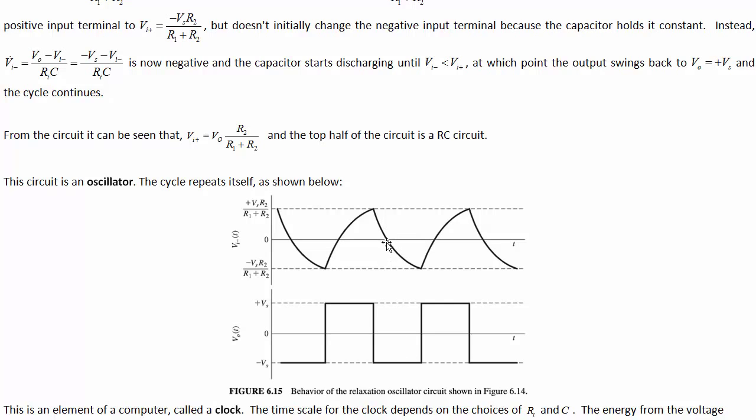We would have found the capacitor initially going to more and more negative voltage. I don't really want to call that discharging, because it's charging but in the negative direction. Once it gets below that threshold, the output swings up and immediately we start getting more positive voltage on the capacitor with time. So the input does this and the output does that.